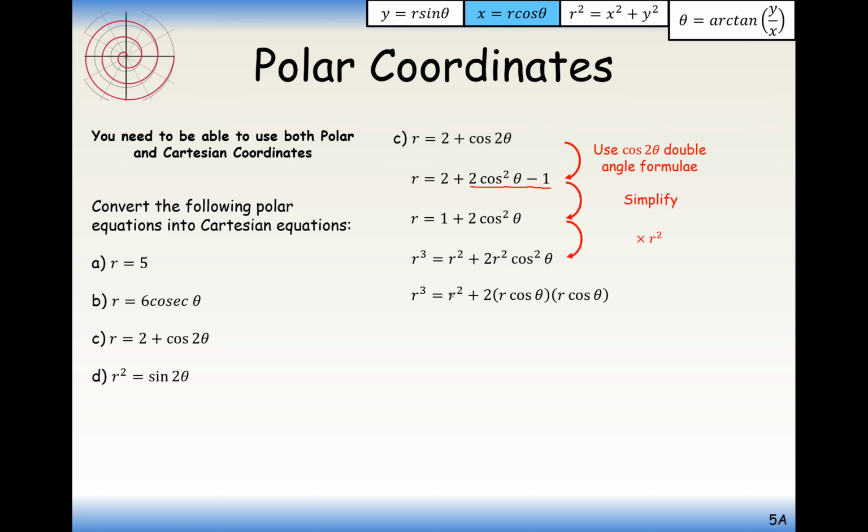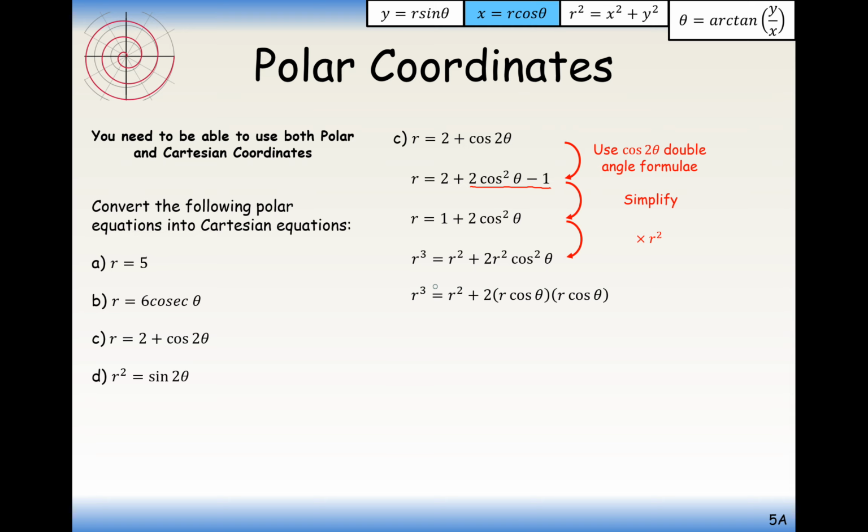We're going to be replacing these two things here as well. r squared will be pretty straightforward because I've got this third formula up here where r squared is equal to x squared plus y squared. So I'm getting rid of the letter r, replacing it with the letters x and y, which is exactly what we want to be doing in this exercise, turning it into a Cartesian equation.